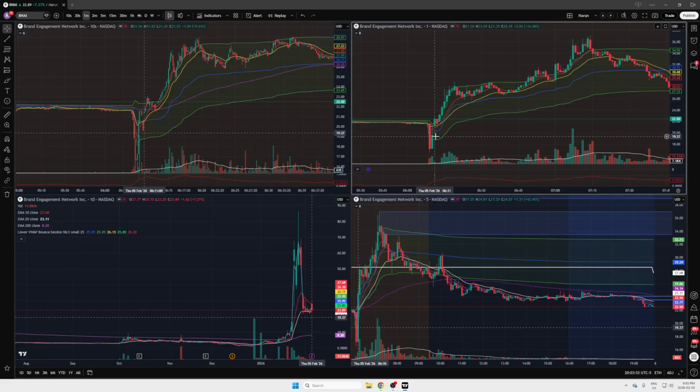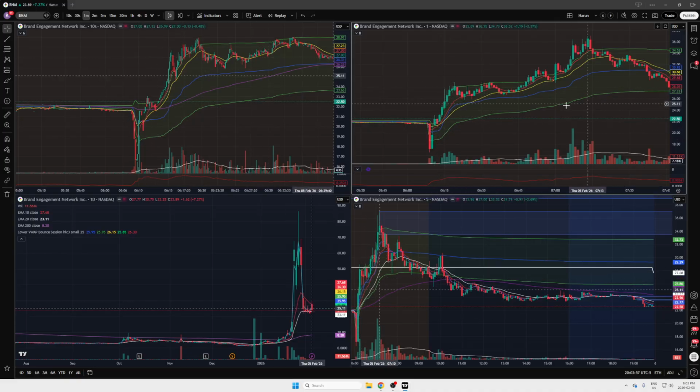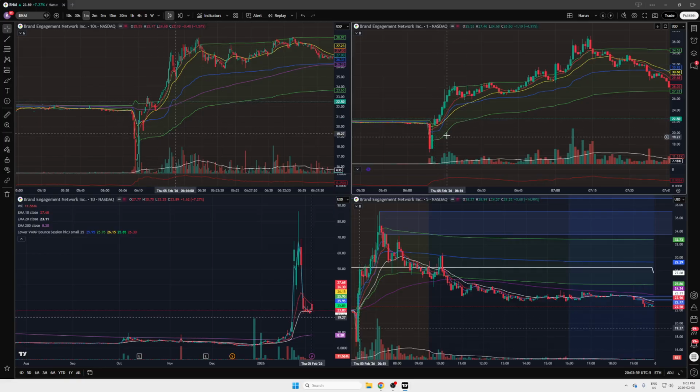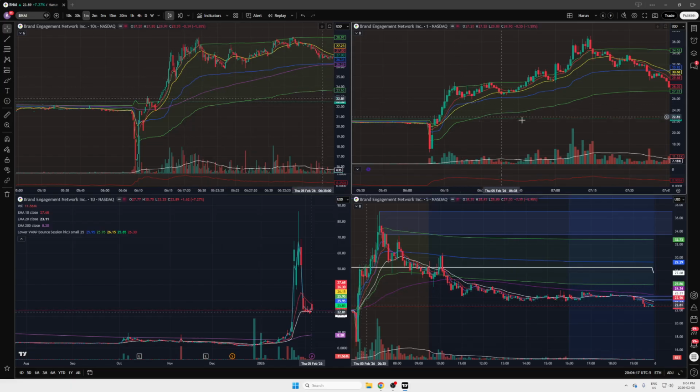So in order to determine if it went high enough for the pullback, you have to have made separation from the bottom of the candles and the lower VWAP band. And then on the 10-second chart, you should have separation, like space between the bottom of your candles and the actual VWAP band, which is the blue line here.